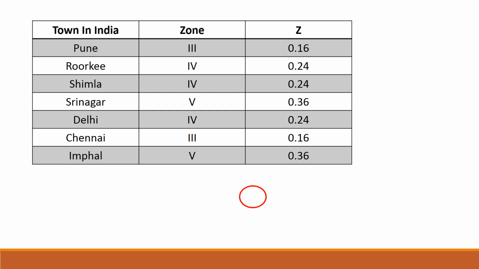Now, depending on these zones in which the cities are placed, one can now come to the determination of the design seismic base shear.